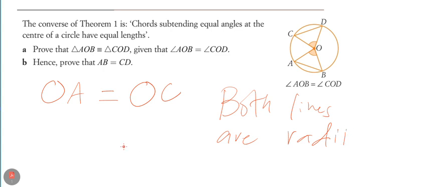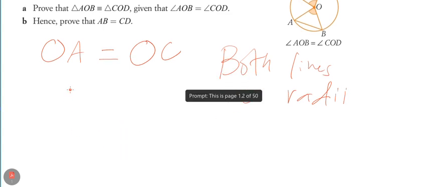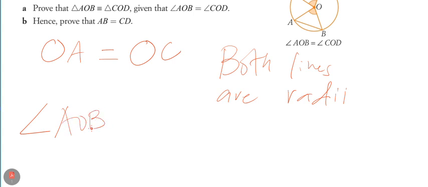Now, the second one that we can prove here is that angle AOB is equal to angle COD. This one is explicitly given by the problem statement, so we can write that as a given.